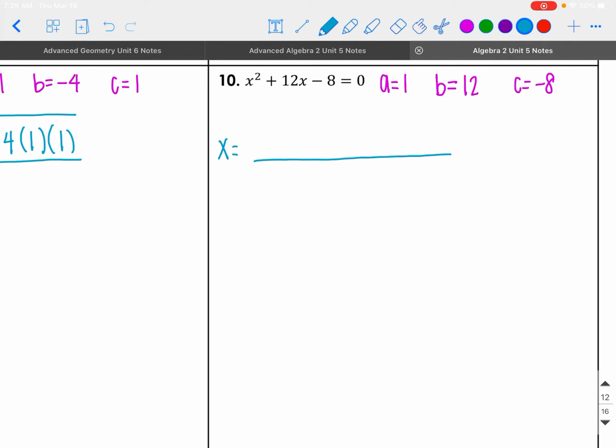So X equals -12 plus or minus the square root of 12 squared minus 4 times 1 times -8 all over 2 times 1.